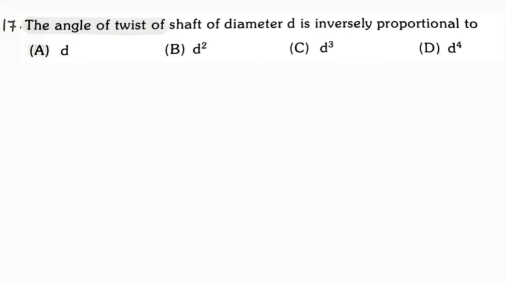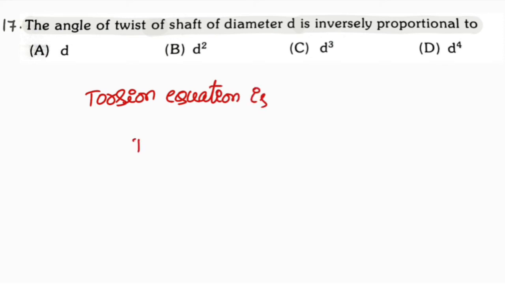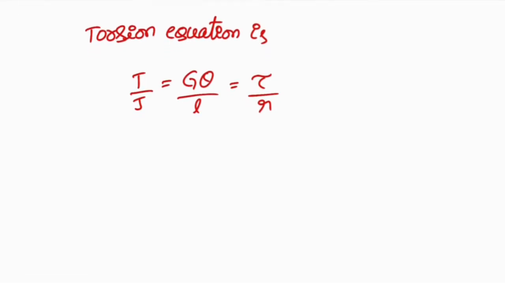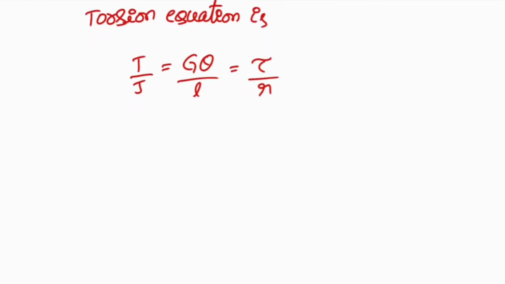The angle of twist of shaft of diameter d is inversely proportional to, dear friends, the torsion equation is T by J equal to G theta by L equal to tau by R, where T equal to torque, J equal to polar moment of inertia, G equal to shear modulus, theta equal to angle of twist, L equal to length of the shaft.